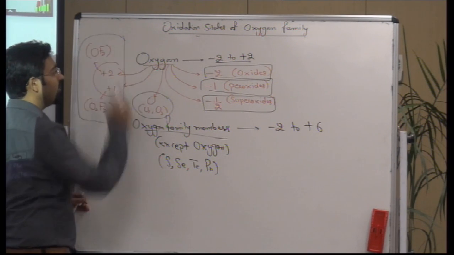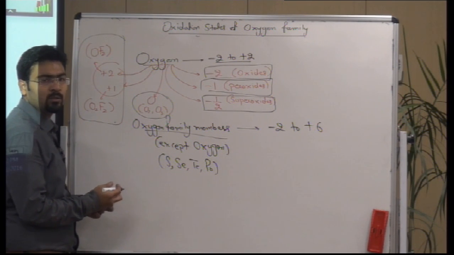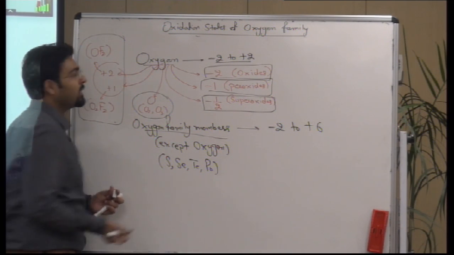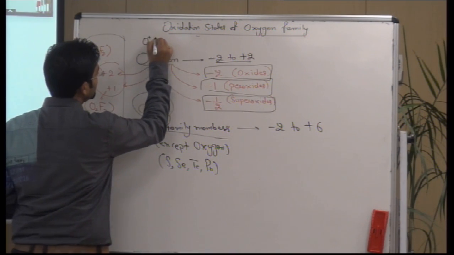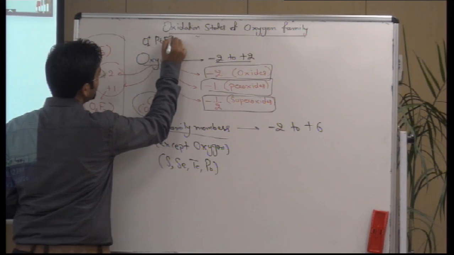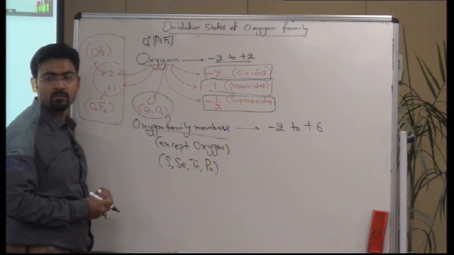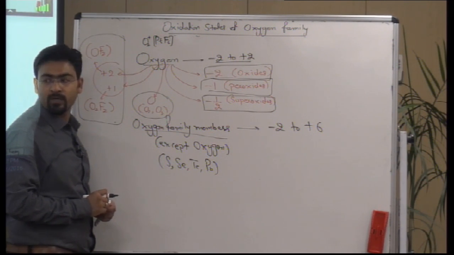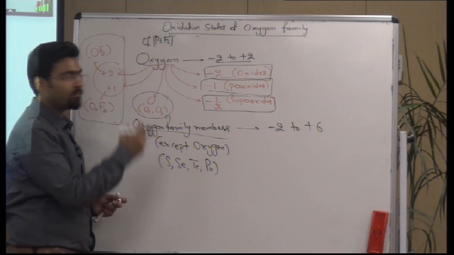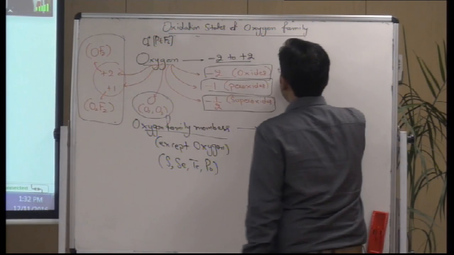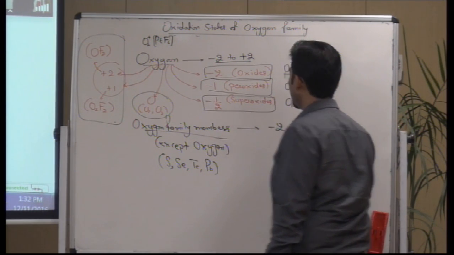There are limited compounds in which it forms +1 and +2, for example when it combines with hexafluoroplatinate, like O2+ PtF6-, in which the oxidation state of oxygen will be +1/2, right? So O2+ is forming there.